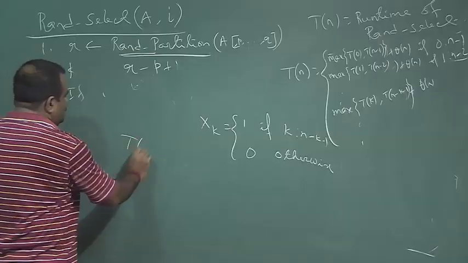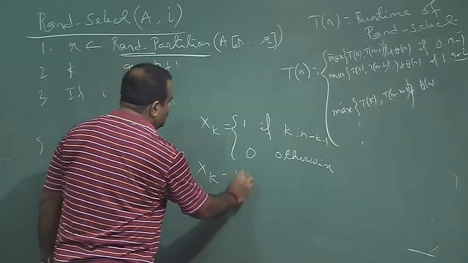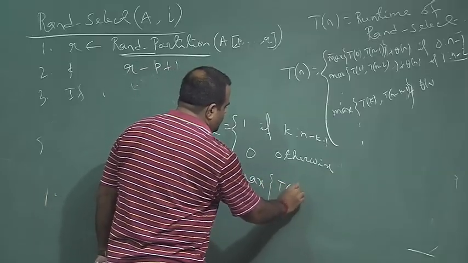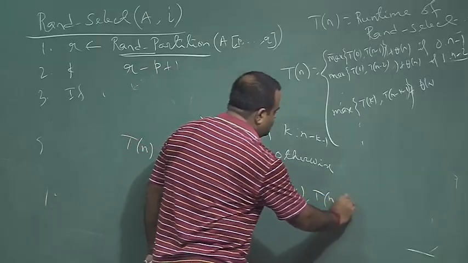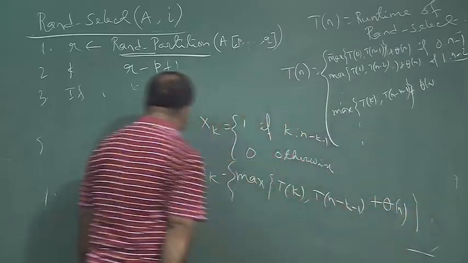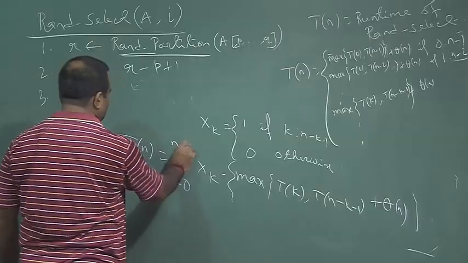So, then T(n) will be written as the summation of x_k times the maximum of T(k), T(n-k-1), plus theta of n, for k equal to 0 to n-1.